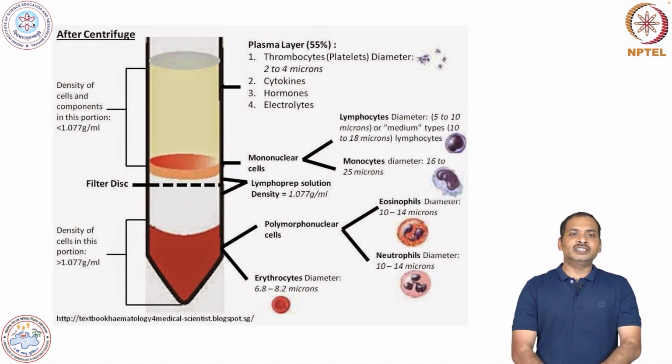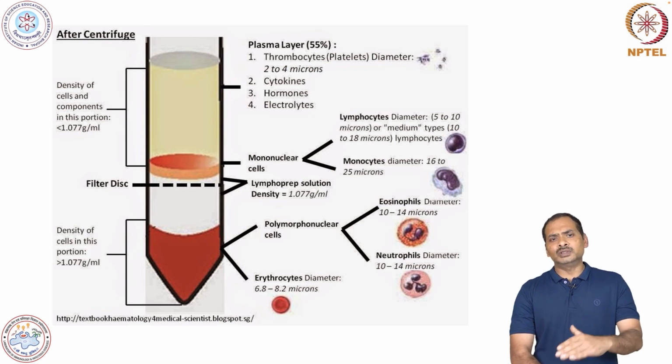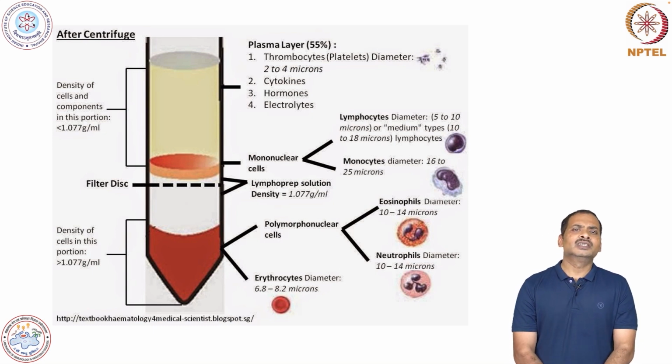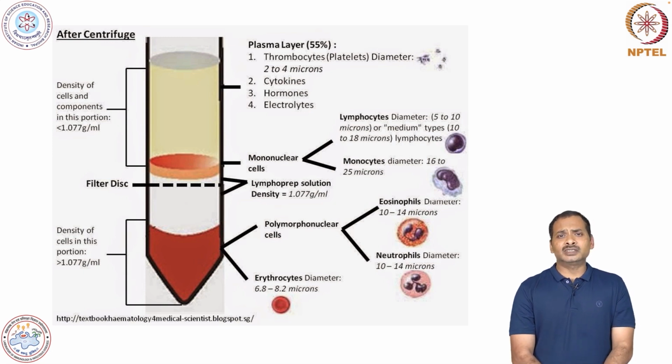Here you can see the plasma layer, which contains all the soluble factors or some very small size cells. There are platelets, cytokines, hormones, and some electrolytes.